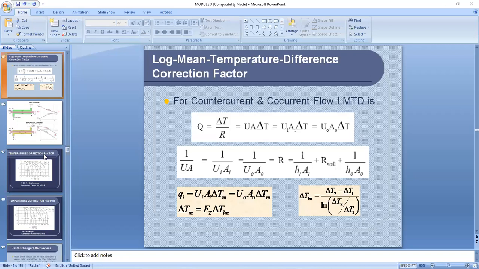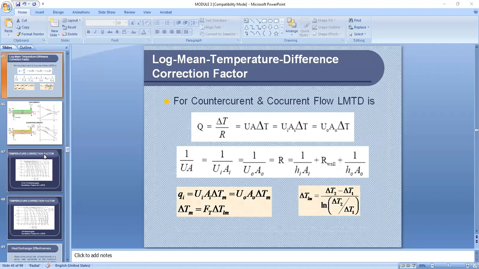If just one temperature is unknown, you can determine it using the amount of heat released by the hot fluid equated to the amount of heat absorbed by the cold fluid, and then you already complete the 4 temperatures. So I hope I make sense.